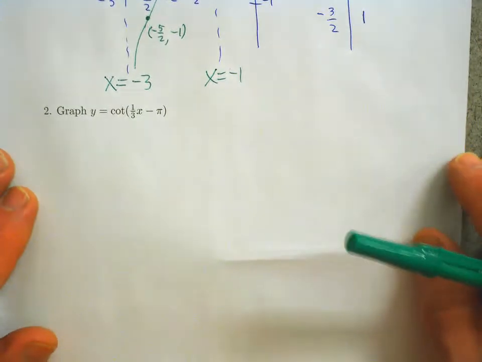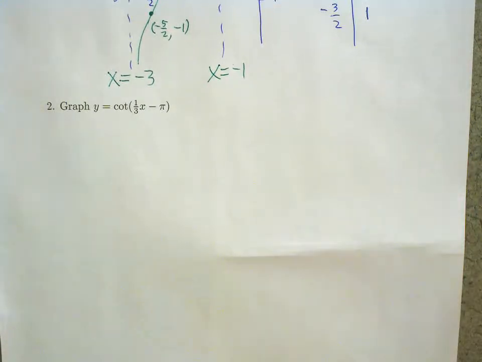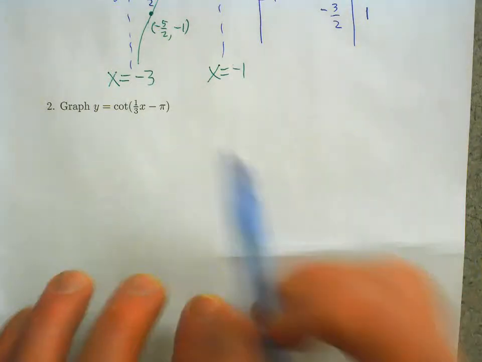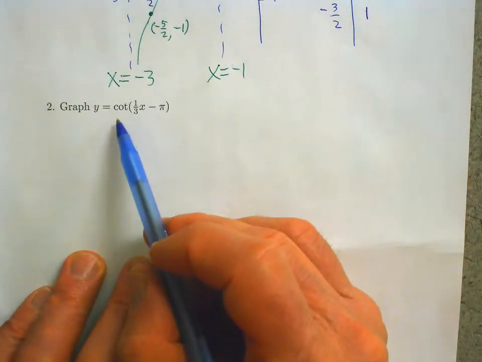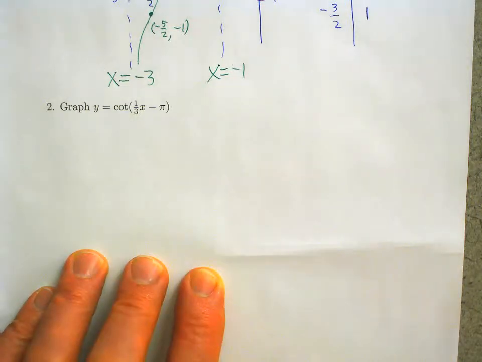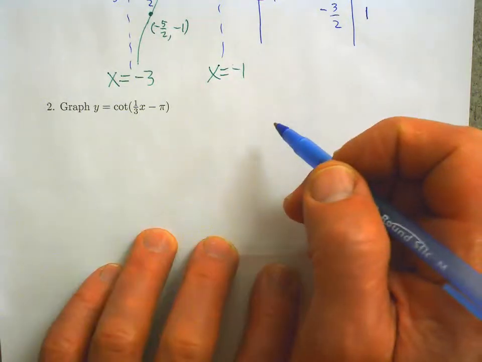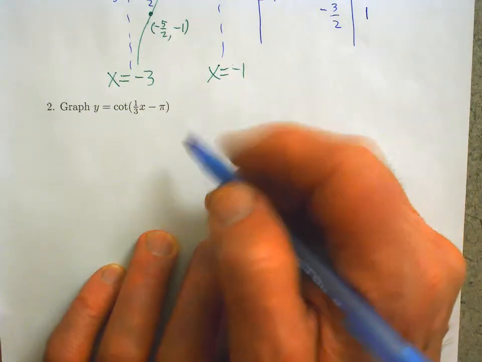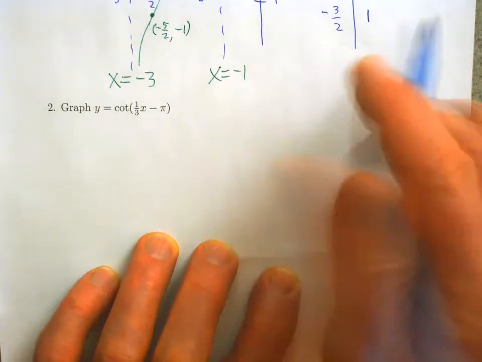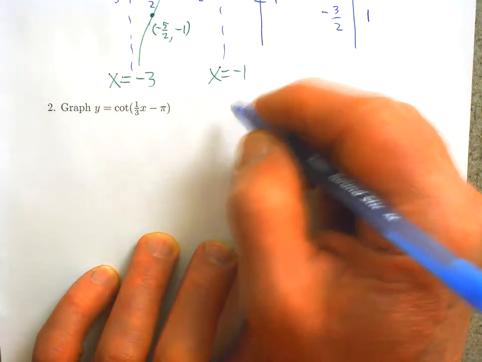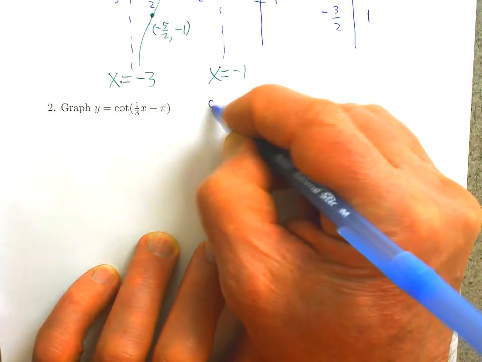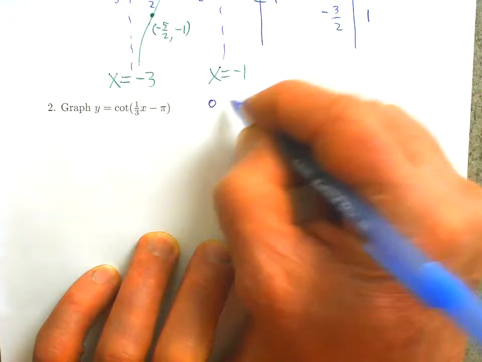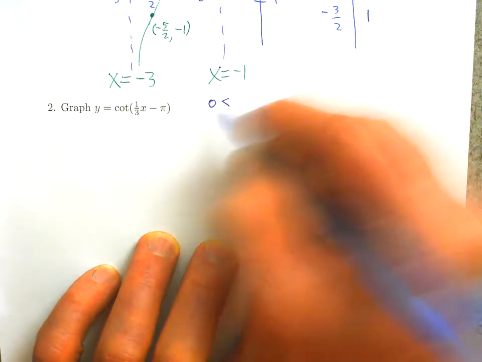Okay, the cotangent. This will be similar to graphing tangent, similar in that the period of y equals cotangent of x is pi. The interval, though, that we pick will be different than tangent. On this one, we need 1/3 x minus pi to be between 0 and pi.